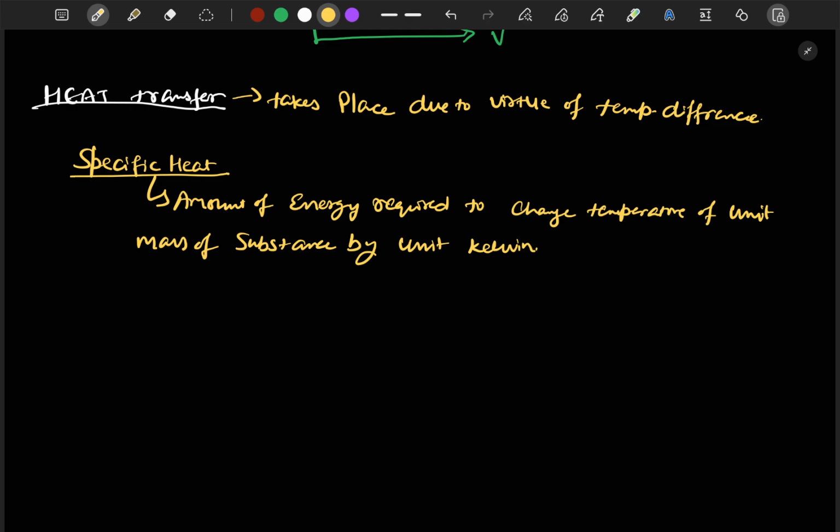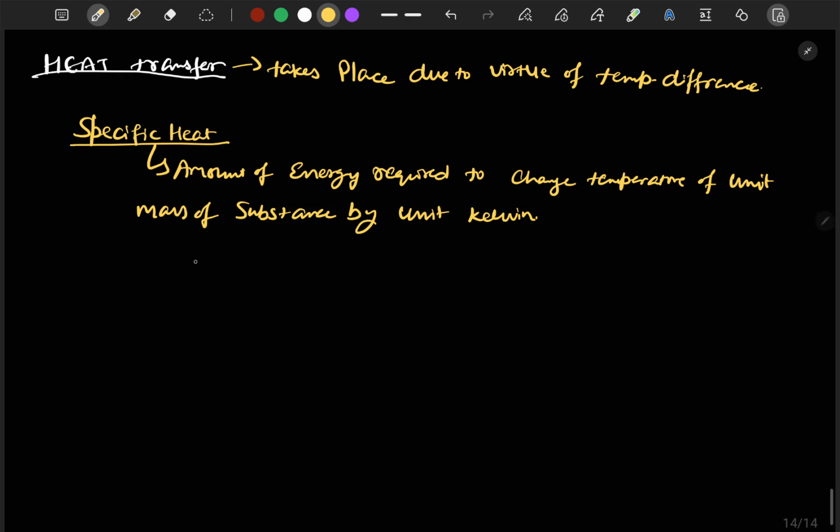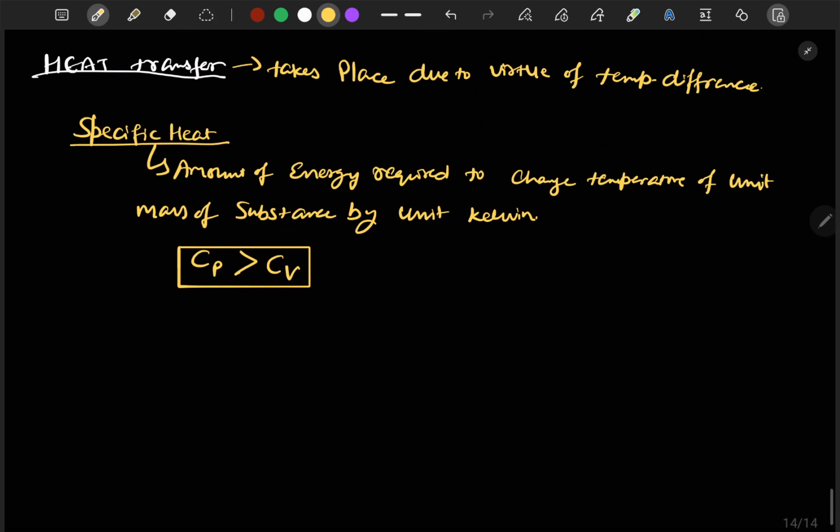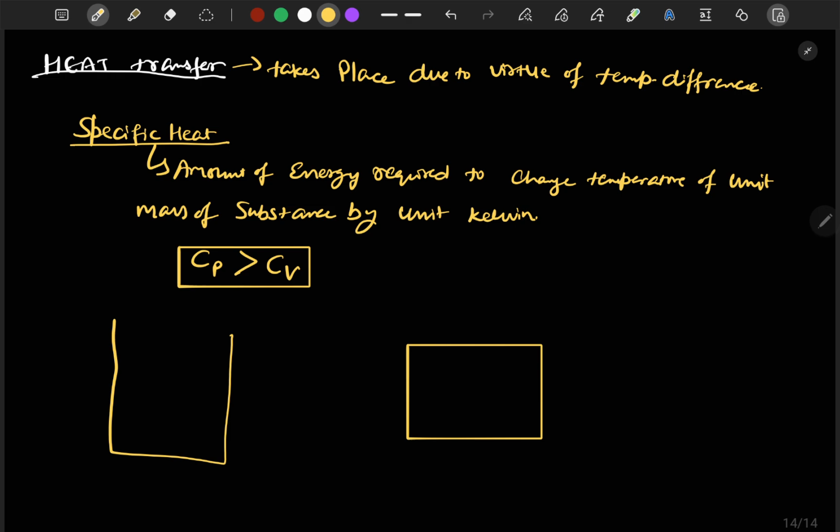If we talk about gases, then the specific heat at constant pressure is always greater than the specific heat at constant volume. How can we see this? Let's take two examples, one at constant pressure and one at constant volume. Let's take this one at constant pressure.